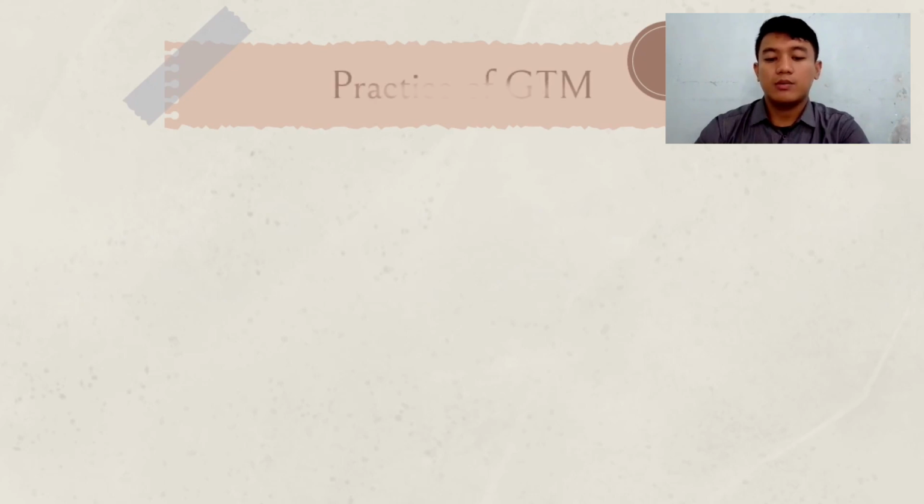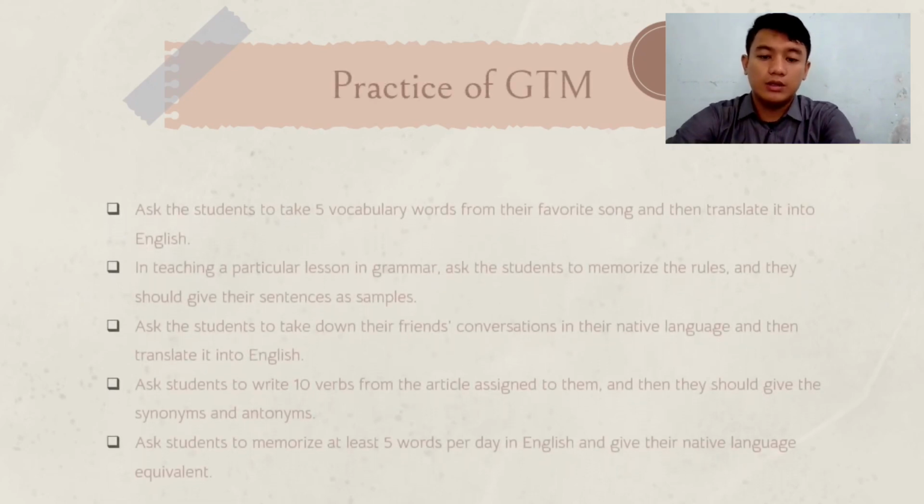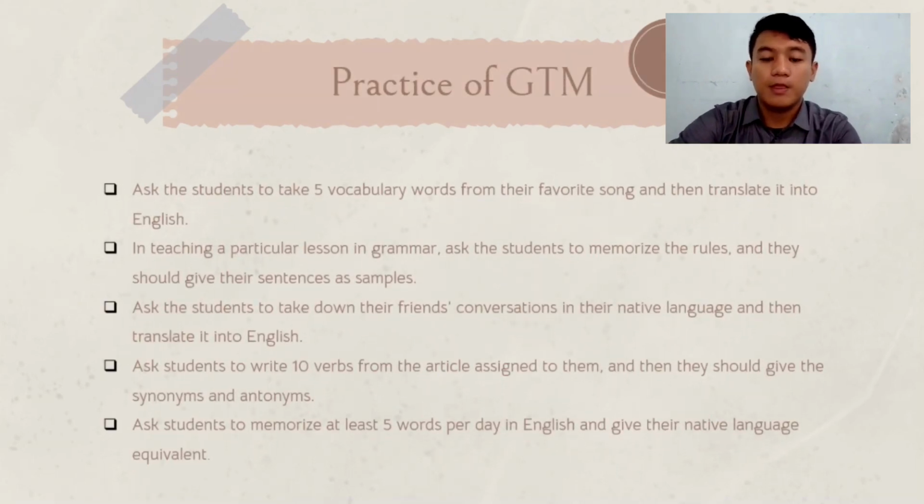Next is the practice of the grammar translation method. The first, ask the students to take five vocabulary words from their favorite song and then translate them into English. Second, in teaching a particular lesson in grammar, ask the students to memorize the rules and give their own simple sentences.